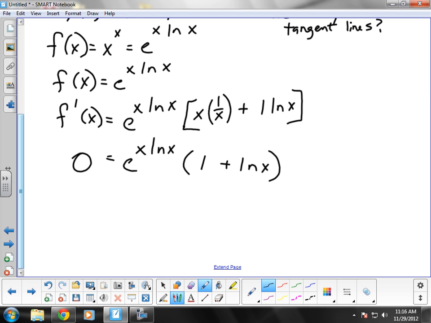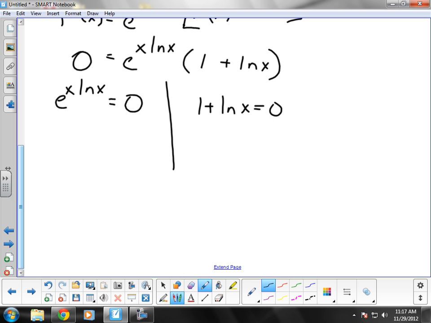When I have something in factored form, I can take each factor and set it equal to 0, because this can be 0 or this can be 0, right? Anytime you have an equation in factored form set equal to 0, you can always take either factor separately.